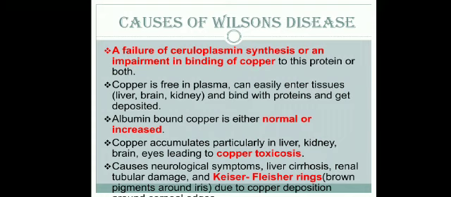The albumin-bound copper level can either be normal or increased. It causes various neurological symptoms, liver cirrhosis, renal tubular damage, and Kayser-Fleischer rings, which are the brown pigments around the iris due to copper deposition.